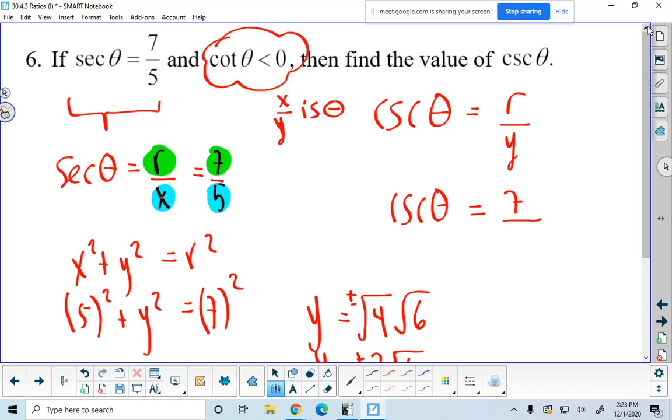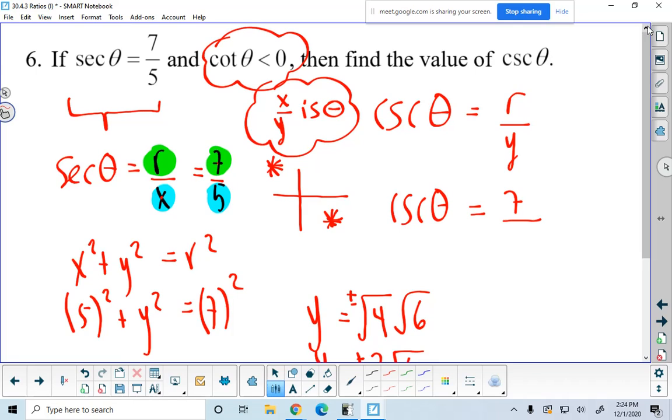If x over y is negative, then either x is positive and y is negative, in which case it's in quadrant 4, or maybe x is negative and y is positive, maybe it's in quadrant 2.